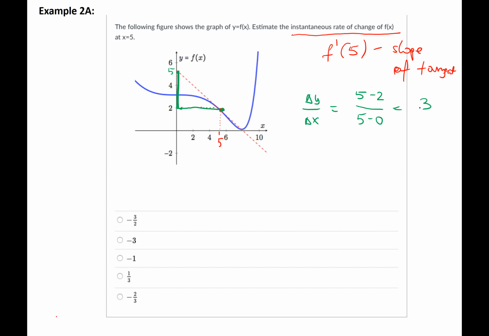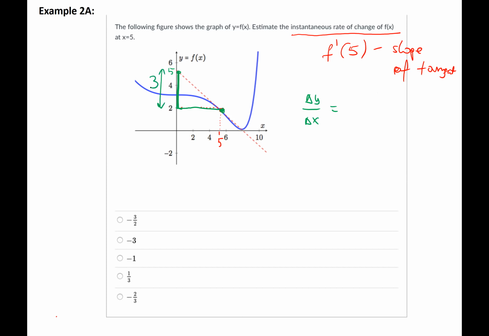Where is my mistake? The corresponding... I have to have... okay, 5... okay... come on, of course I can do this.